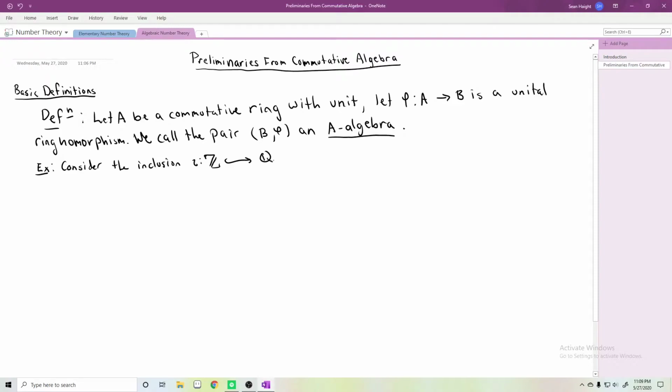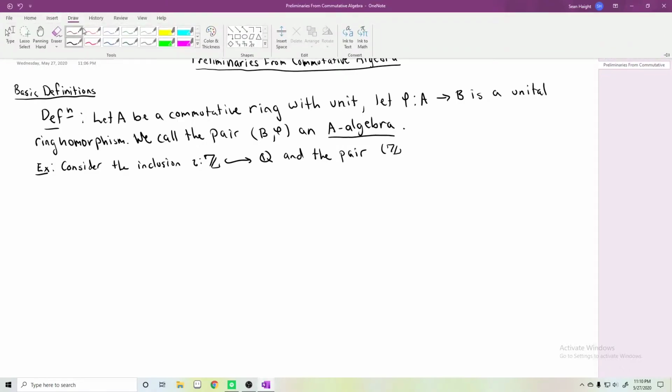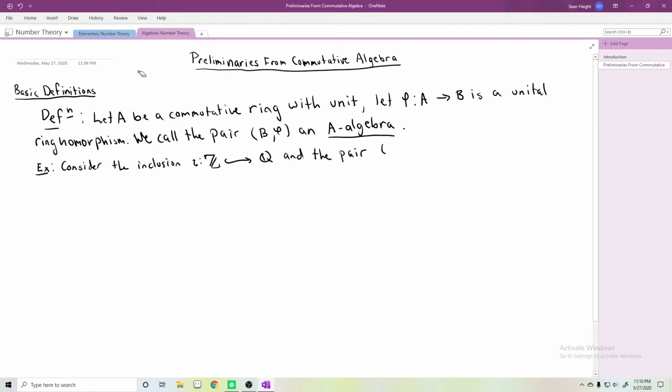We can include Z into Q just by sending 1 to 1. Okay, and the pair Q, iota is a Z-algebra.